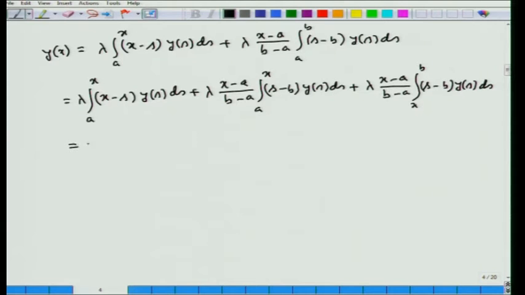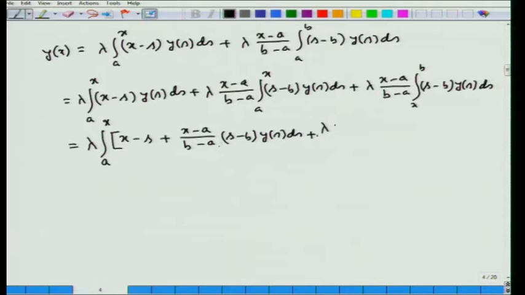Now, combining these two integrals we can write this as lambda times the integral from a to x of [(x minus s) plus (x minus a) divided by (b minus a) multiplied with (s minus b)] y(s) ds, plus lambda times the integral from x to b.